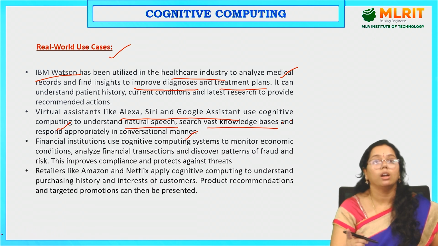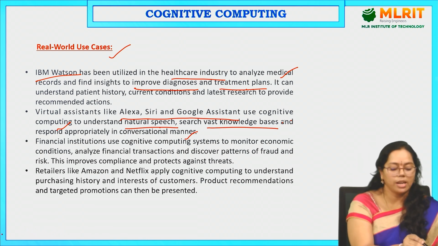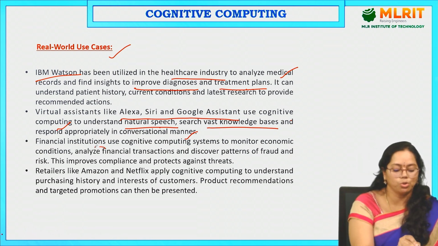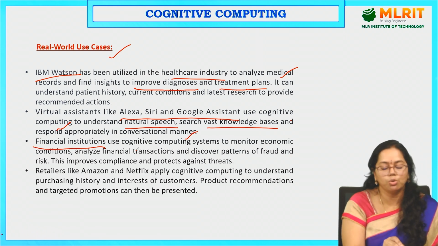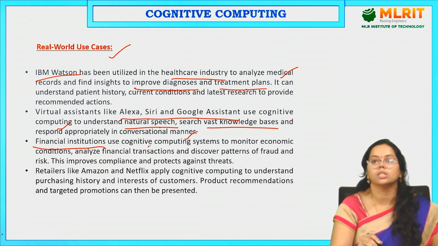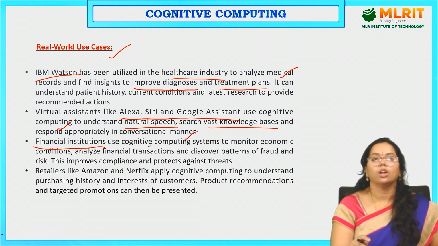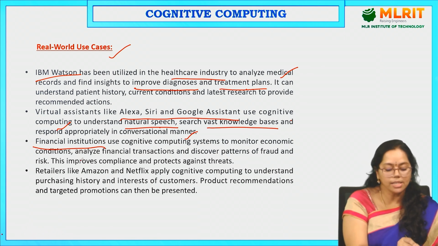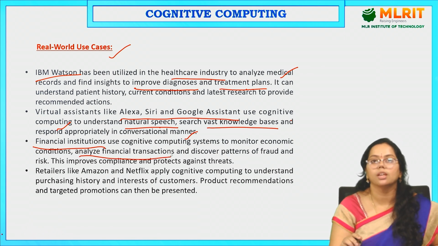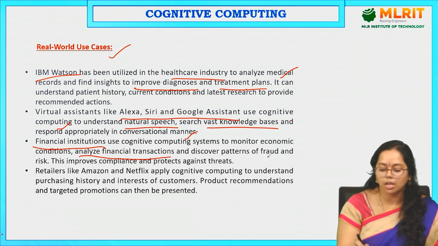And what is the next use case? Financial institutions. Financial institutions use cognitive computing systems to monitor economic conditions, analyze financial transactions, and discover patterns. What kind of patterns can be discovered?